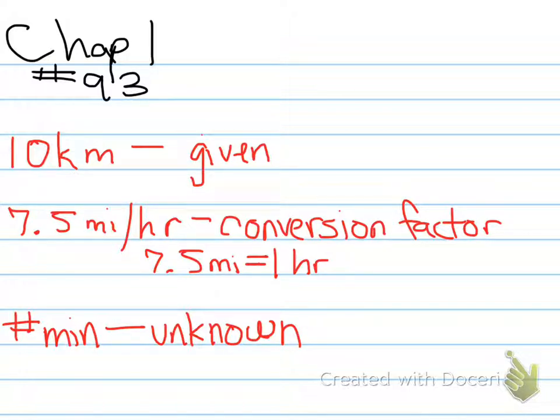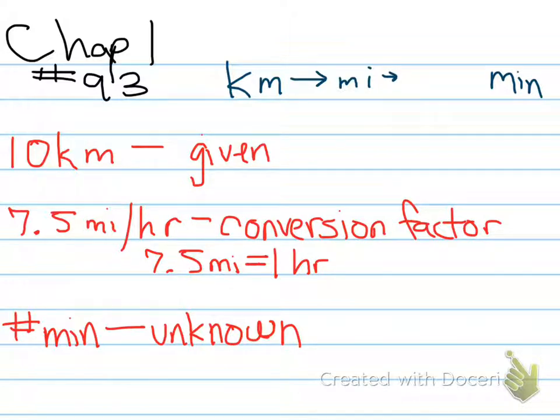So let's start just by making a path for ourselves. So we're starting with kilometers. We're going to end up with minutes. Somewhere in there, we know that we'll have miles and hours. So kilometers is a distance unit, and miles is a distance unit. So I'm going to assume that we're converting kilometers into miles.